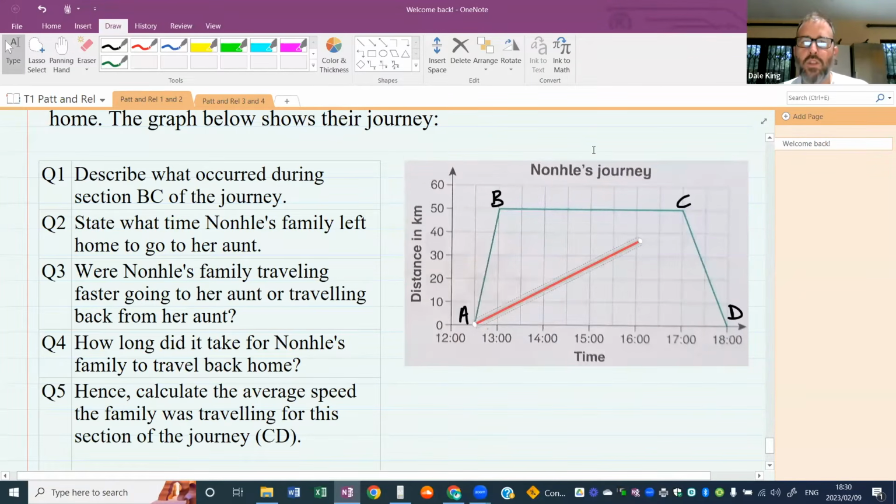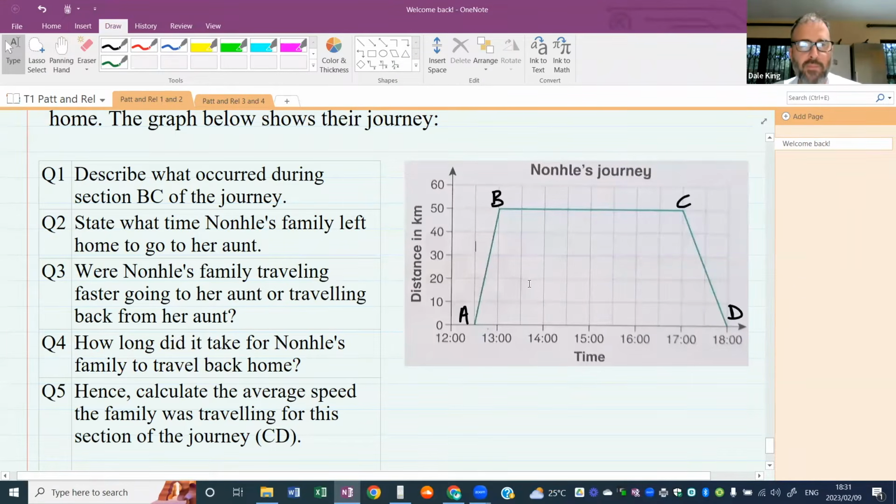It's a much more gentle angle, a gentle slope of that line. They will be traveling slower. So they are taking longer to cover a similar distance. So that's a slower speed. So it's the steepness, the gradient of the line, that tells us how fast they're going in this journey. So section AB will definitely be faster.